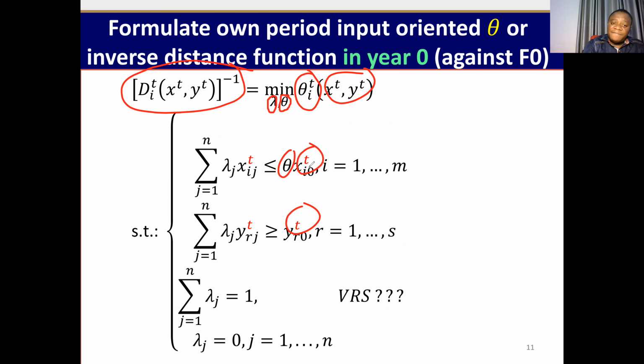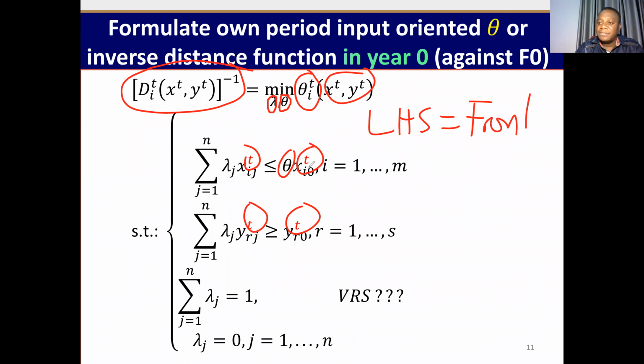Now, the one on the left-hand side shows that the frontier in question is the year T frontier. So the left-hand side is depicting where the frontier is located, which frontier is being used. The right-hand side is depicting the location of the firm, which year the firm is.